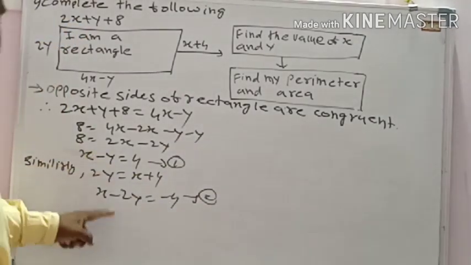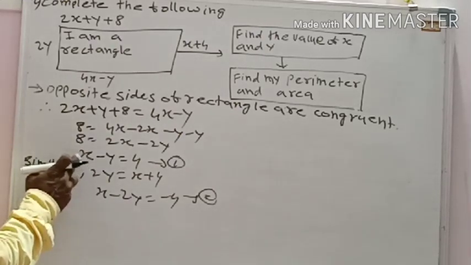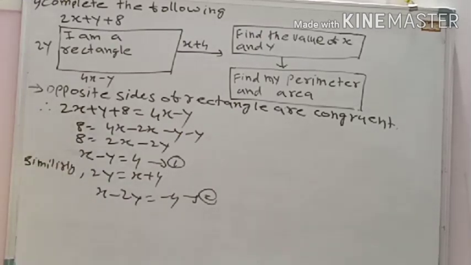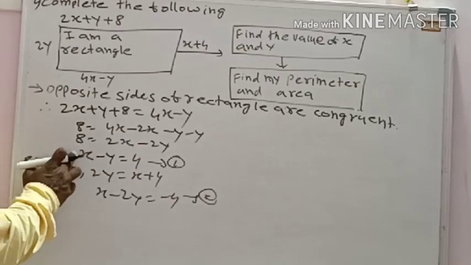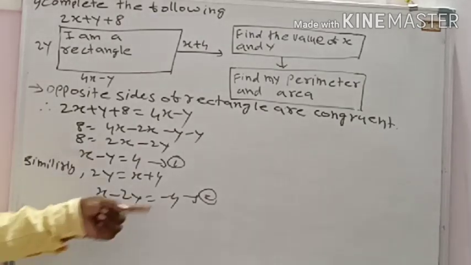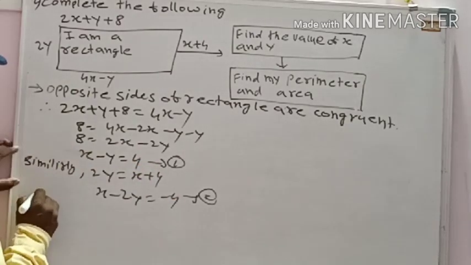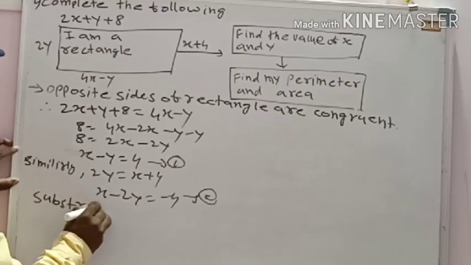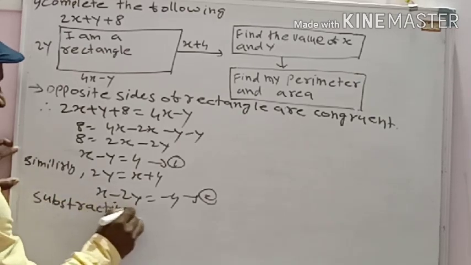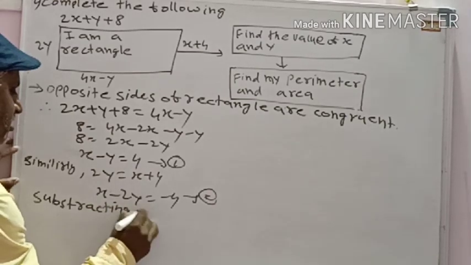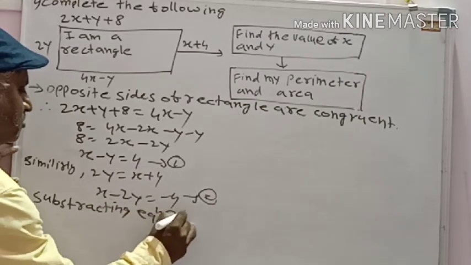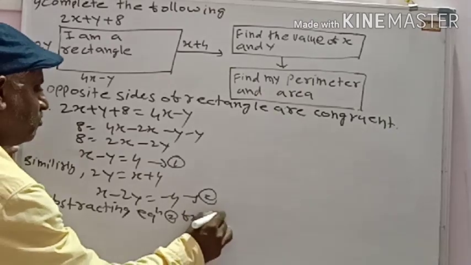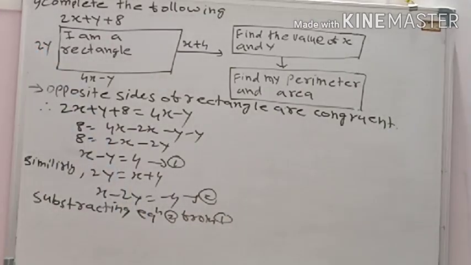Then solve these two equations. Here the coefficient of x is the same, and the sign is also the same. Therefore, subtract equation 2 from 1.